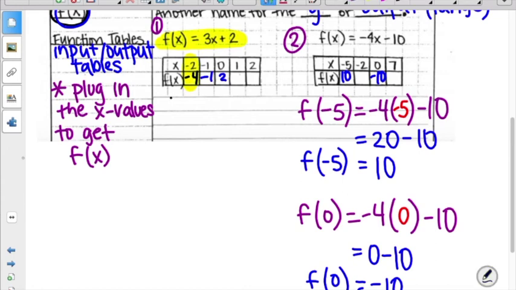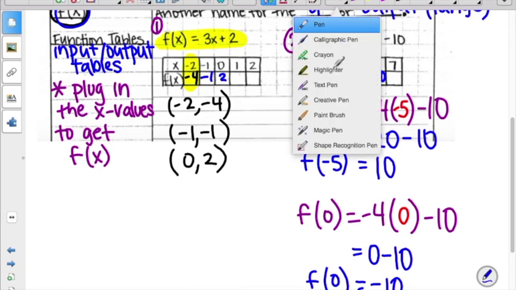Our second was -1, -1. Our third was 0, 2. And then you guys did the last two. Same with our second example. Our first ordered pair we got was -5, 10.